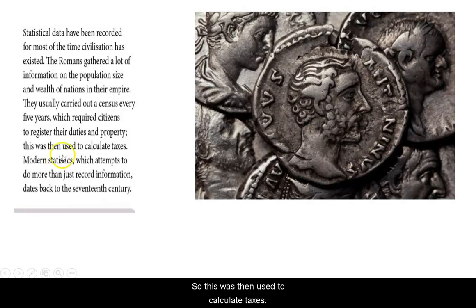This was then used to calculate taxes. Modern statistics, which attempt to do more than just record information, dates back to the 17th century. Statistics is very important, and we are going to see how it helps us to deal with modern society problems.